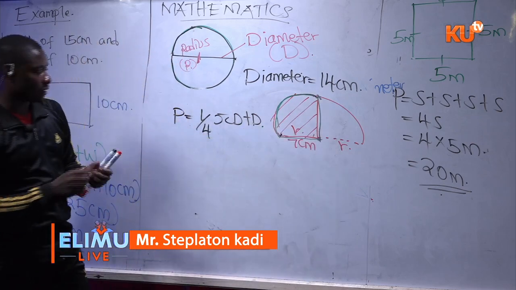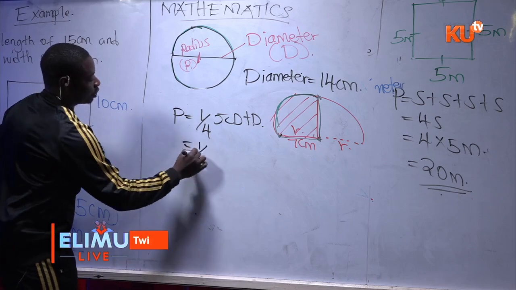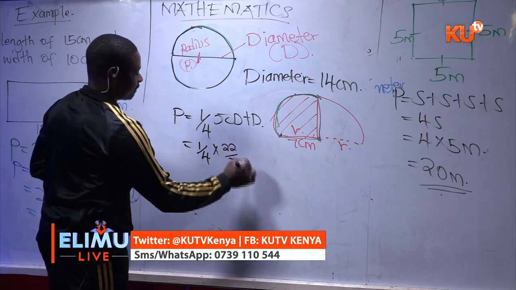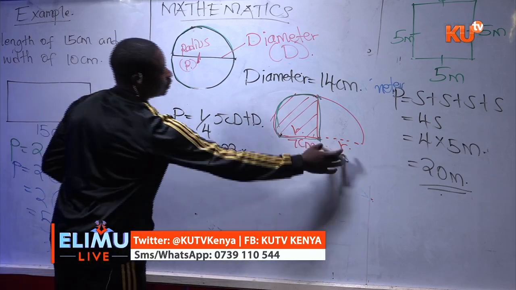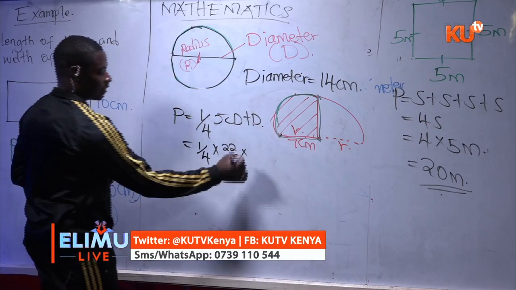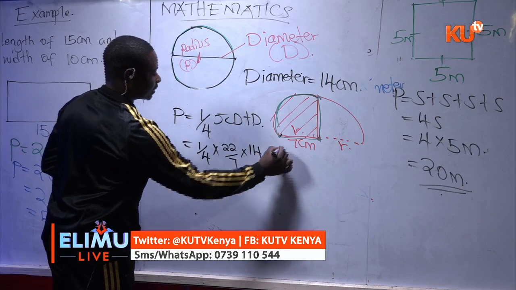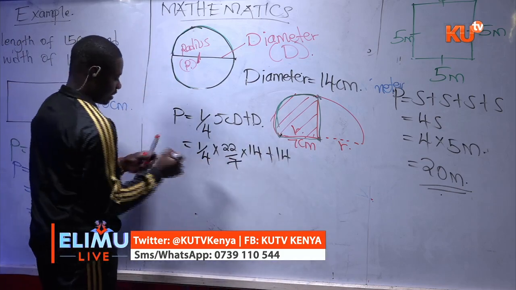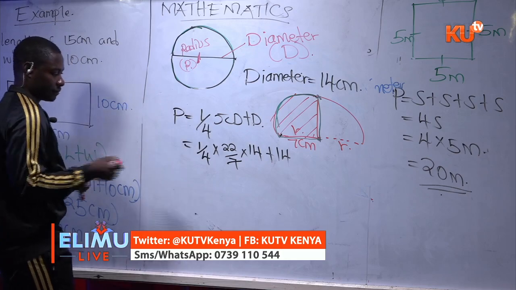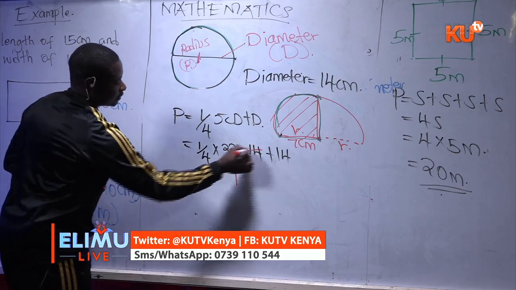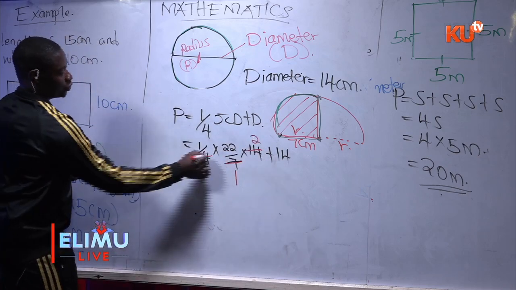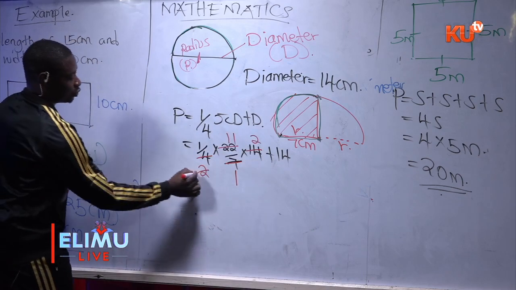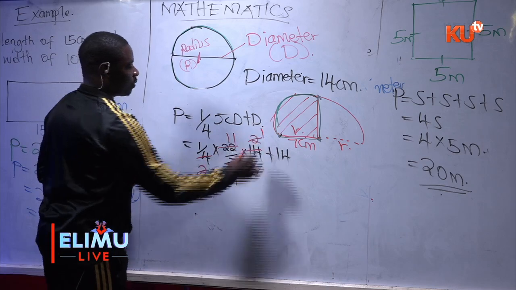I hope you understand. So which will be a quarter times 22/7 times d, which will be 14, because that is r. I've explained that, plus 14. So in this case, we simplify 7 here, 1, 7, 1, 7, 2. 2 here, 2, 2 here, 11. 2 here, 1, 2 here, 1.